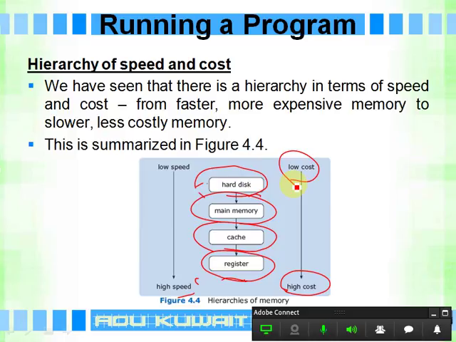No. If you consider a RAM of 6 GB, how much is 6 GB RAM? 1000 Riyal or 1200 Riyal. I don't know exactly, but it might be. But 6 GB of flash memory, 20 Riyal. So this is what it is. The low speed memory is low cost, and the high speed memory is high cost.